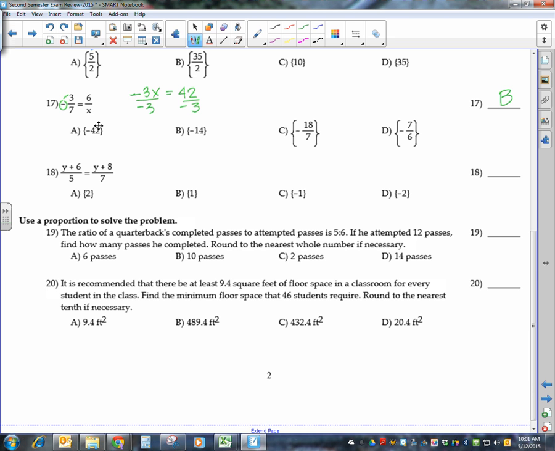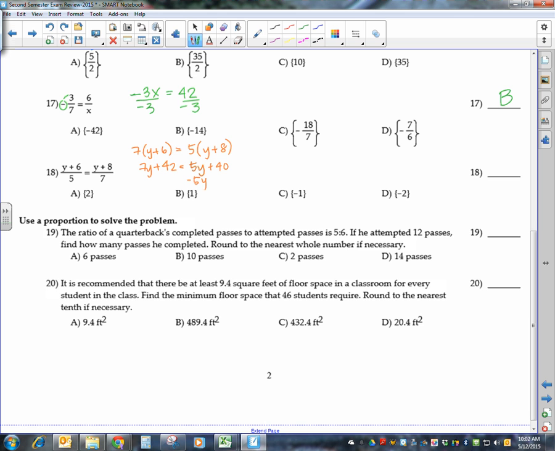18. Again, same thing. So this is going to be cross multiply. 7 times y plus 6 is equal to 5 times y plus 8. So 7y plus 42 equals 5y plus 40. Okay, so I distributed.